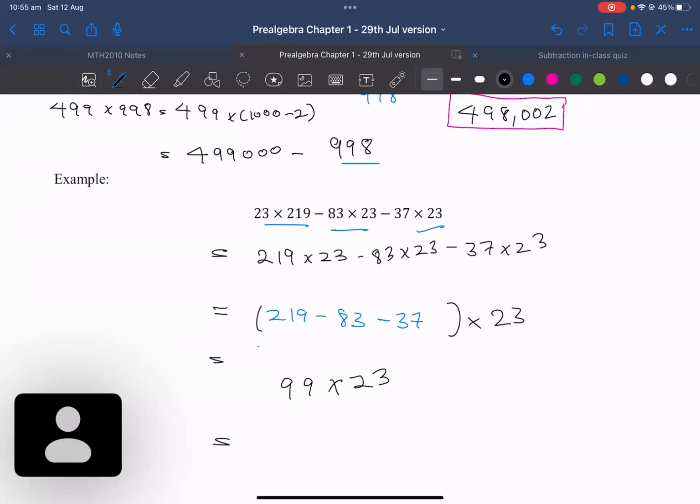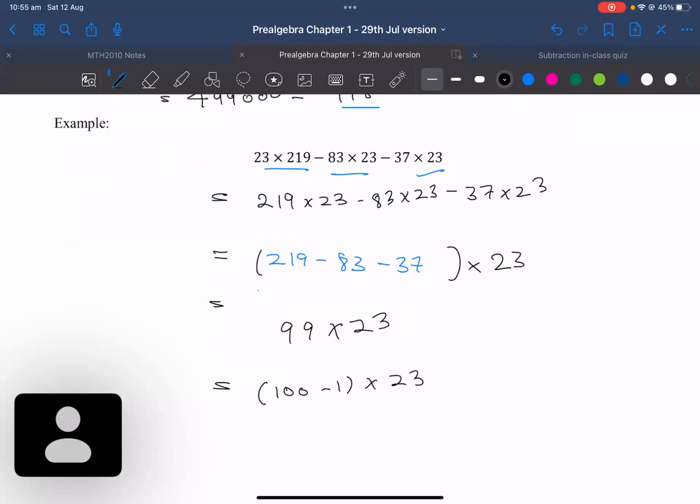That's one multiplication, so that's already easier than doing 3 multiplications. But can we make it even easier? Because here we can immediately do long multiplication and solve it, right? But can we do it another way? Make it 100, then it'll be 2300, and just minus 23 from that. Perfect. 99 is the same as 100 minus 1.